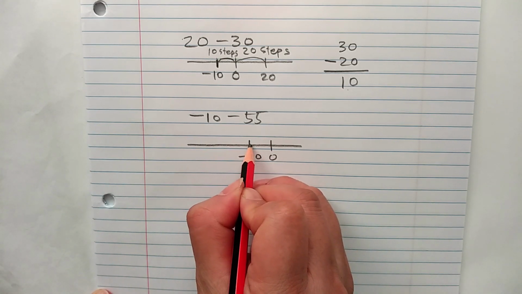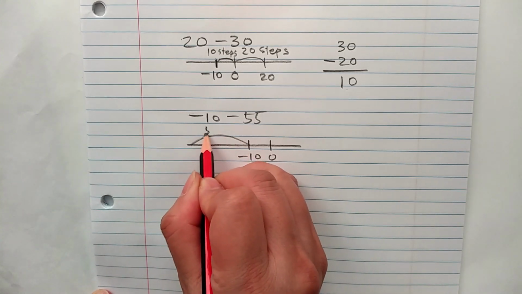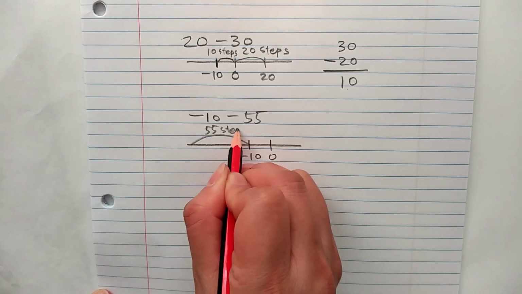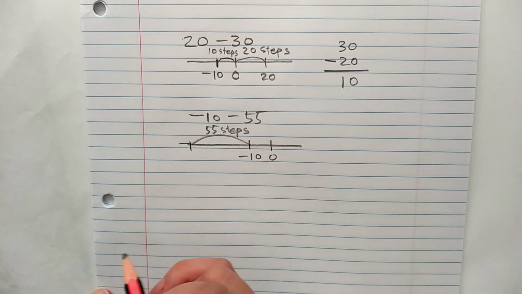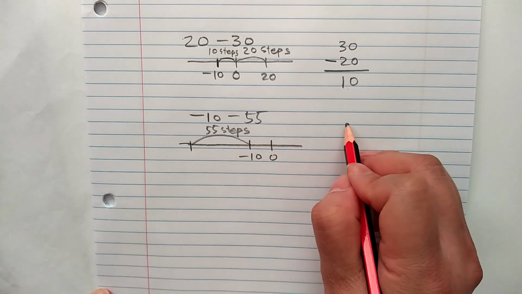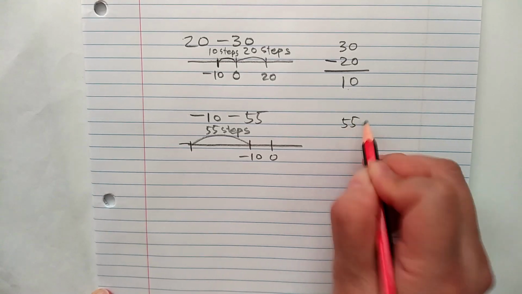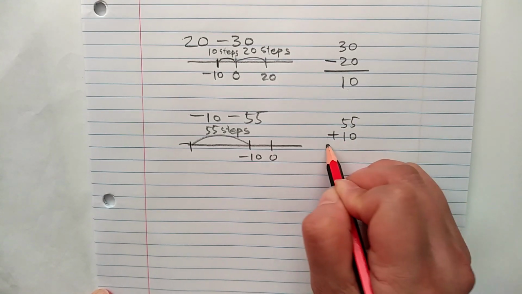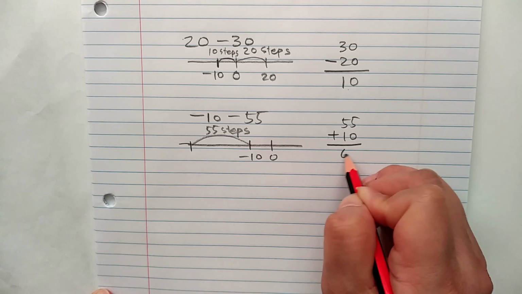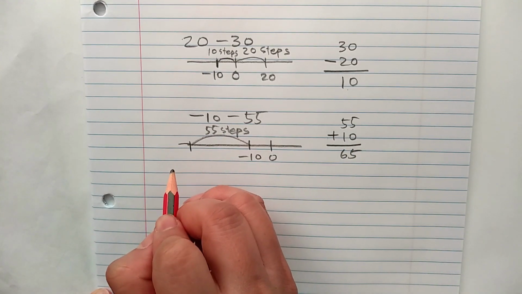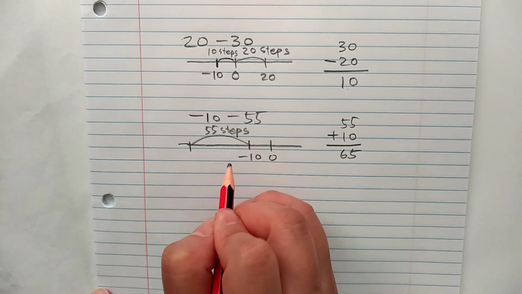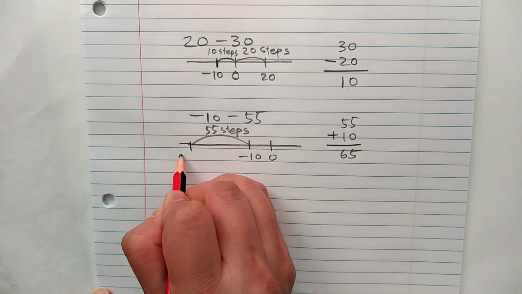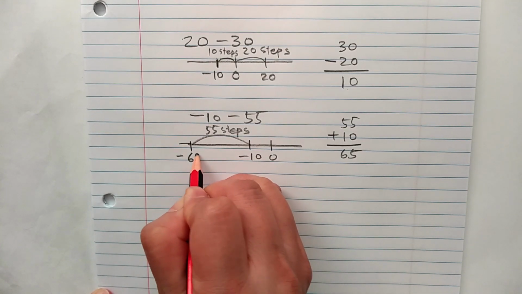So from here, if you go 55 more, then what is going to be this mark? What you have to do is 55 plus 10, and it is going to be 65. Not just 65, but you are going to be in the negative side, so it's going to be negative 65.